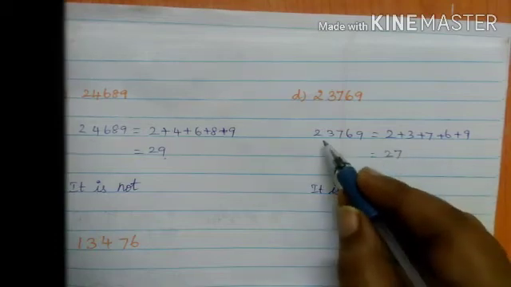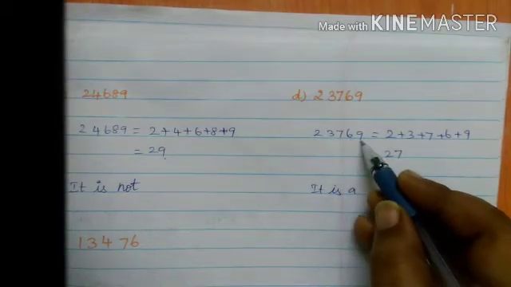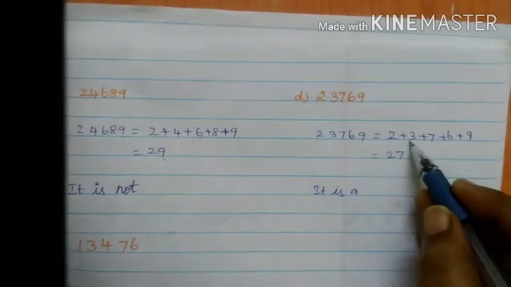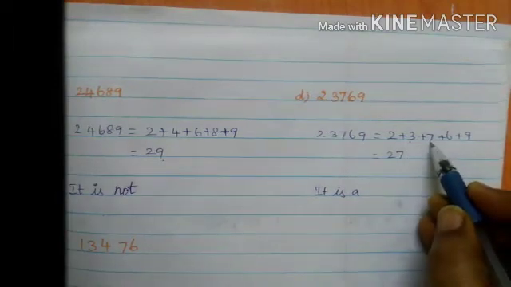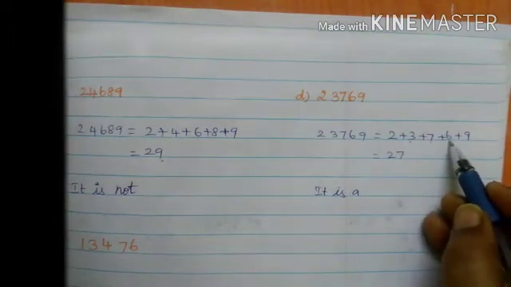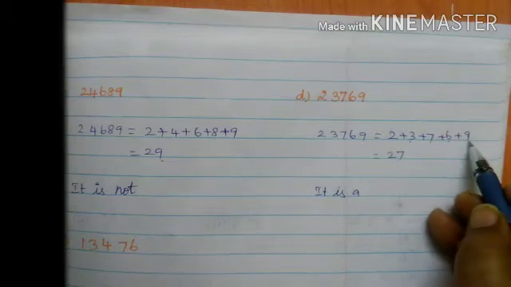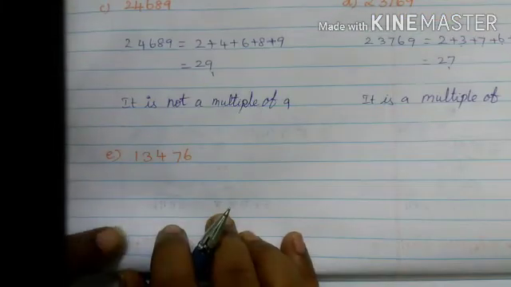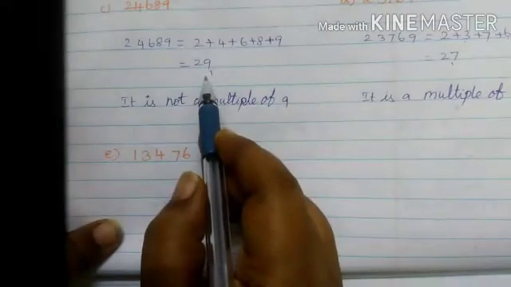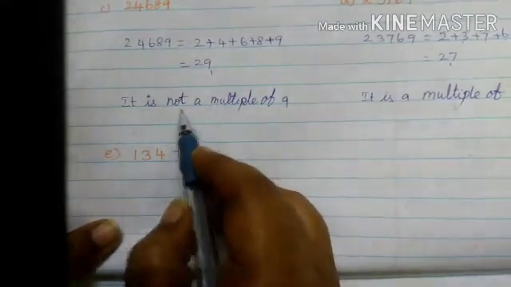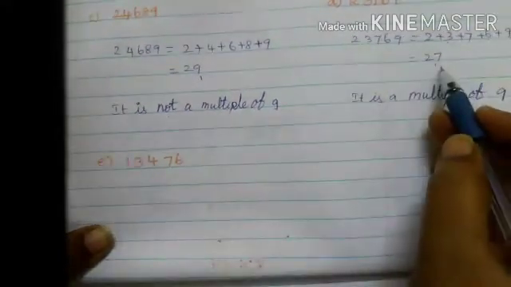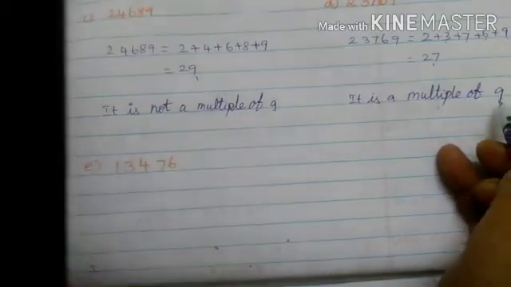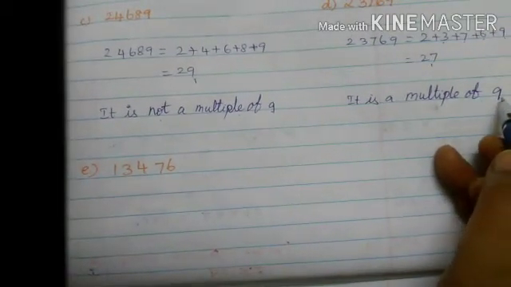Now add 2 plus 3 plus 7 plus 6 plus 9. 2 plus 3 is 5, 5 plus 7 is 12, 12 plus 6 is 18, 18 plus 9 is 27. So 27 is coming in the 9 table. So this is a multiple of 9. 29 is not coming in the 9 table, so that is not a multiple of 9. But 27 is in the 9 table 3 times, so this is a multiple of 9.